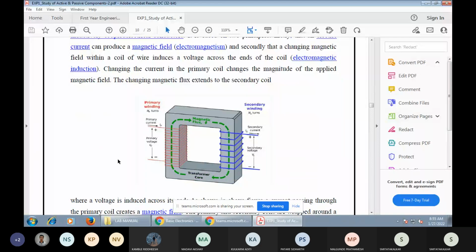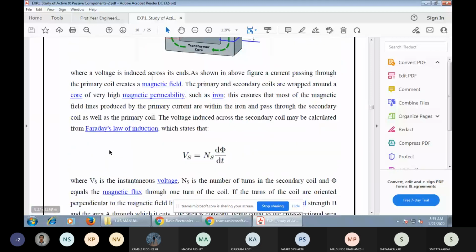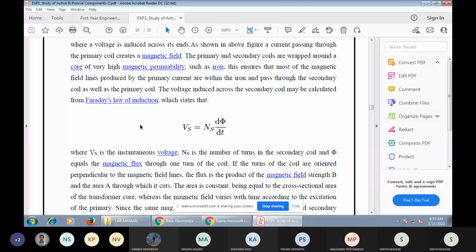Here the number of turns is equal to the number of coils. You can see N, and the derivative of the flux phi, d phi by dt.